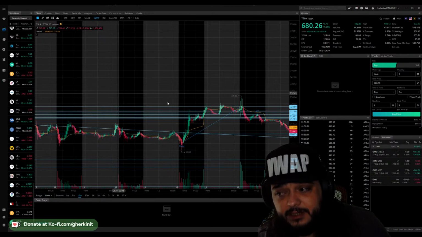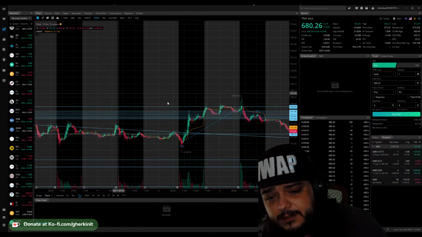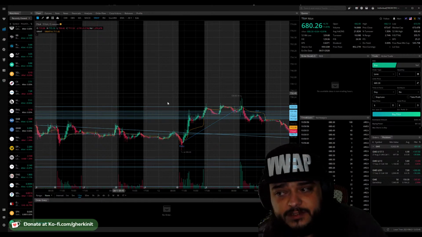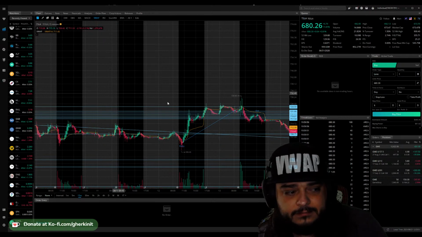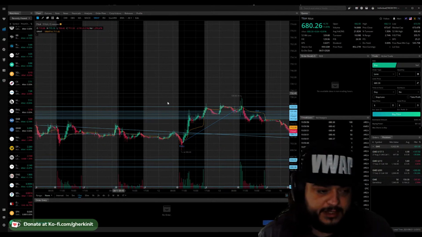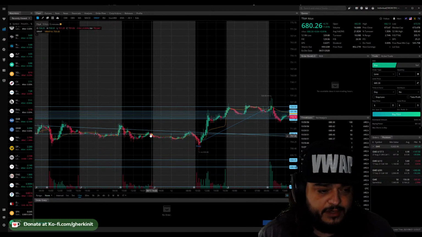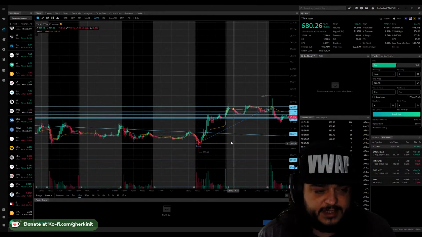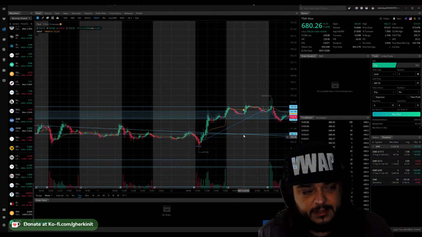It depends on how many points of confirmation you have on that resistance or support. Is it a strong resistance? Does the stock stay there a lot? This would be a strong resistance here on Tesla at like 708, right? The stock really tracks that 700 to 710 range.